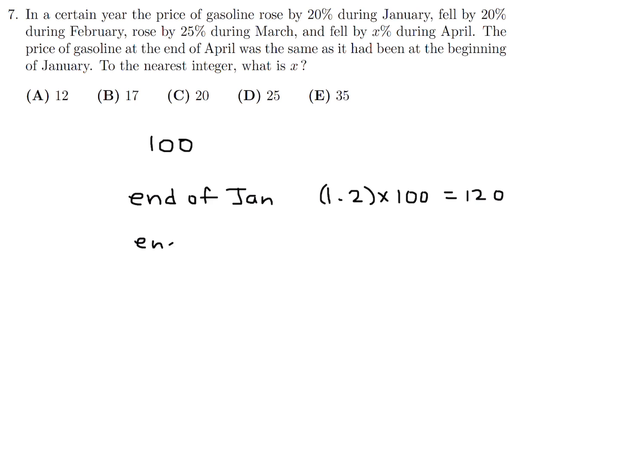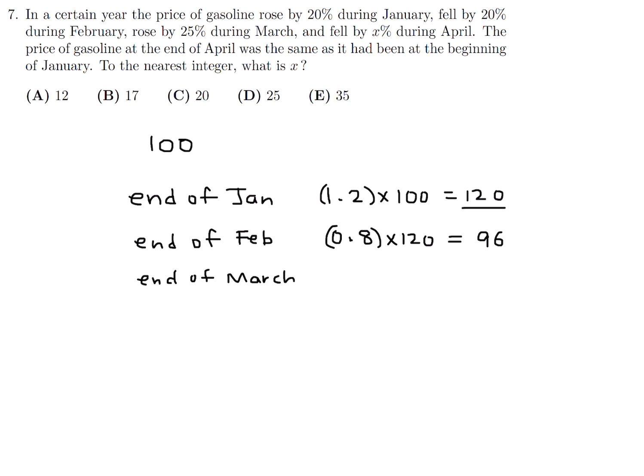And then at the end of February, by that point, it had fallen by 20%. So 0.8 times this 120 is our new price, and that is 96. And then at the end of March, it rose by 25%, so it's 1.25 times this 96, and that is 120.